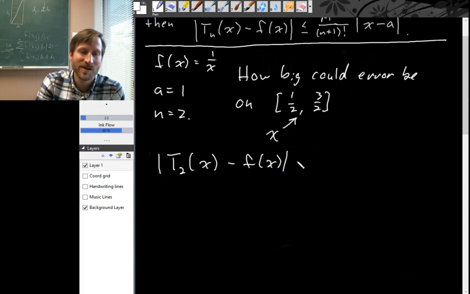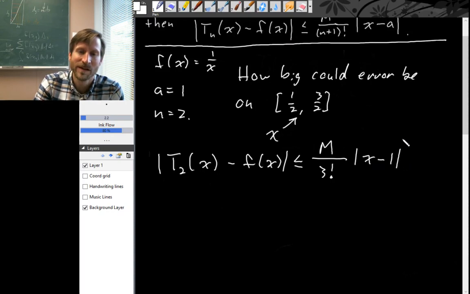Our error bound says that this is definitely less than or equal to M, and we're going to have to find M, over n plus 1 factorial, which is 3 factorial, times x minus the base point 1, to the n plus first, which is the third power. Okay. Now, let's find M.